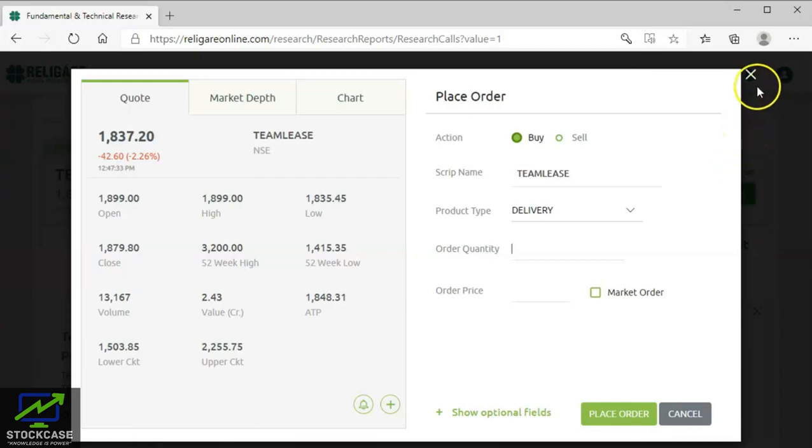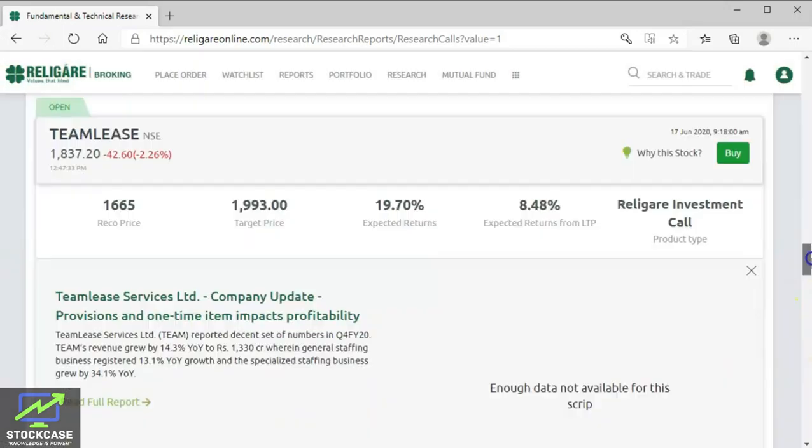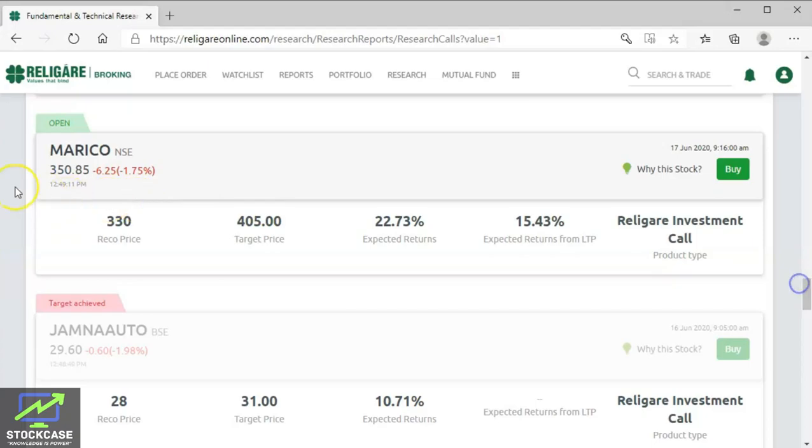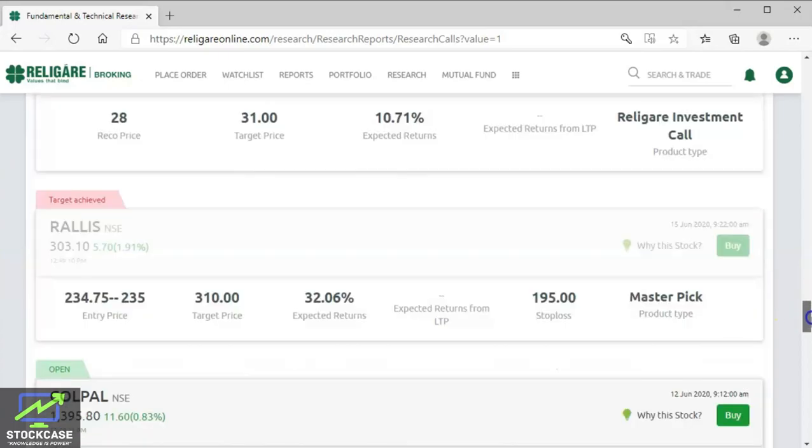If the recommendation is open, you can directly buy from here. Marico call is still open and up by 6%. Jamna Auto target achieved of 10%. Rallis India target achieved by 32%, recommended at 235, current market price is 302 and the target given was 310, which was achieved.